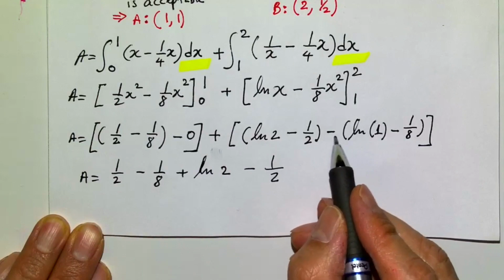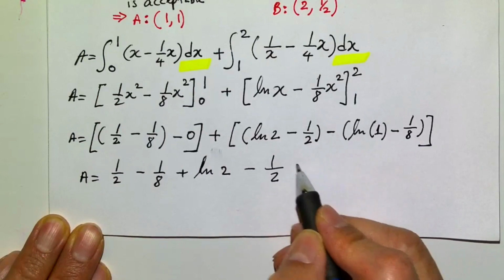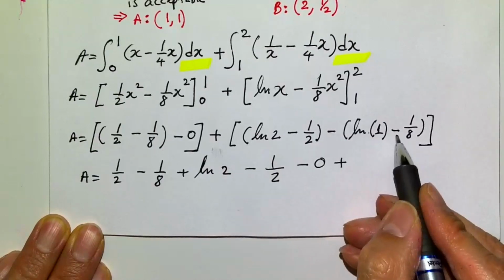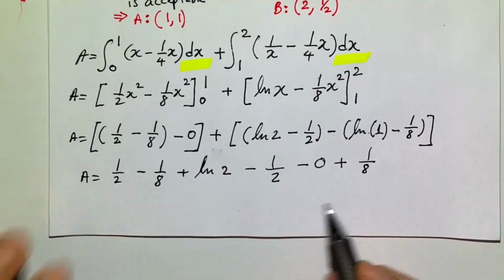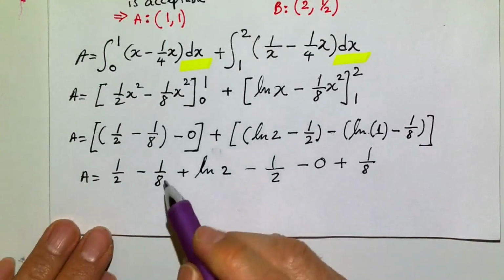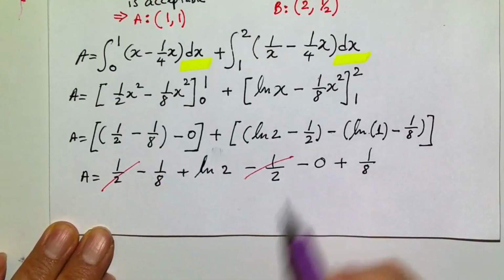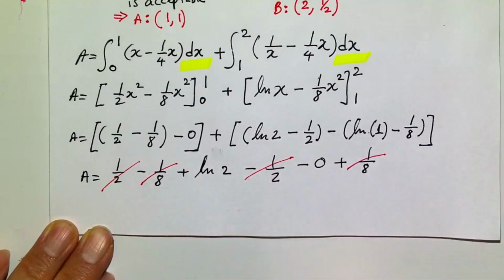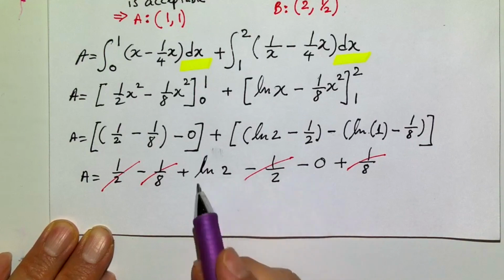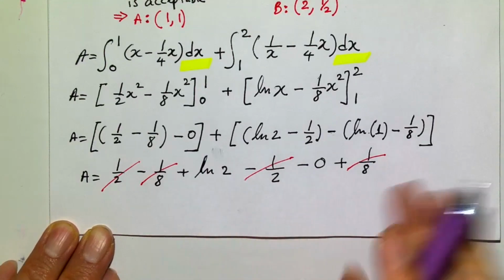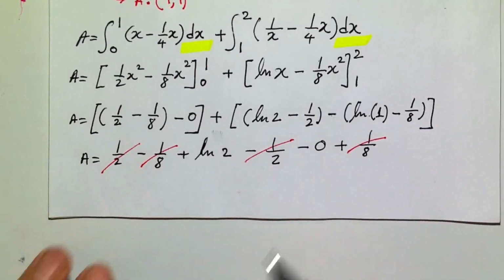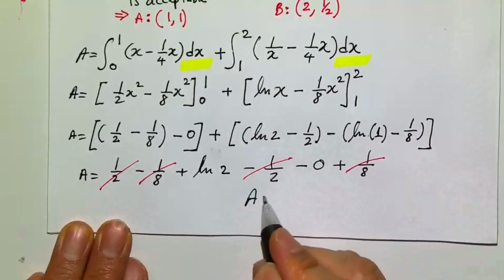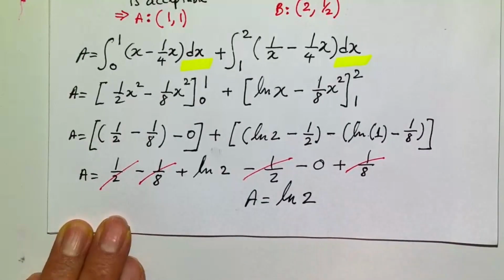Minus natural log of 1 is 0, minus times minus is positive 1/8. So as you can see, 1/2 and negative 1/2 add up to 0. Negative 1/8 plus 1/8 add up to 0. And we just end up with natural log of 2. So that area is equal to natural log of 2.